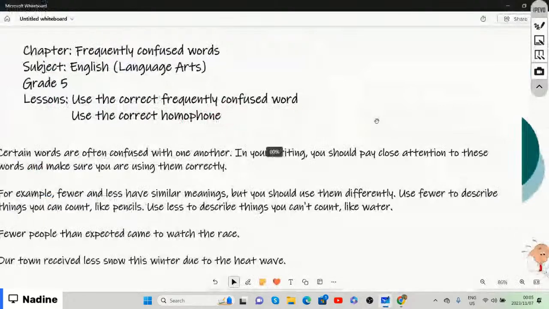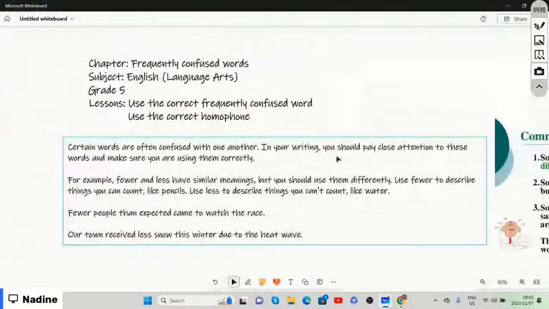All right, so our chapter that we are focusing on today is frequently confused words. Our subject is English, which is also language arts, grade 5.